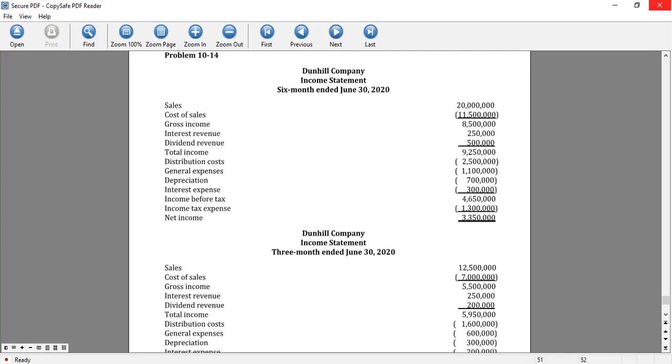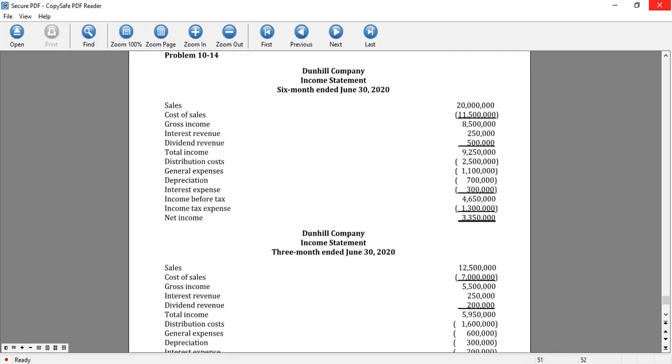While the one above is good for 6 months, the second requirement is only an interim income statement for the second quarter of 2020. If we follow the calendar year, the second quarter ends June 30, and it begins April 1. So we have now sales of 12.5 million.